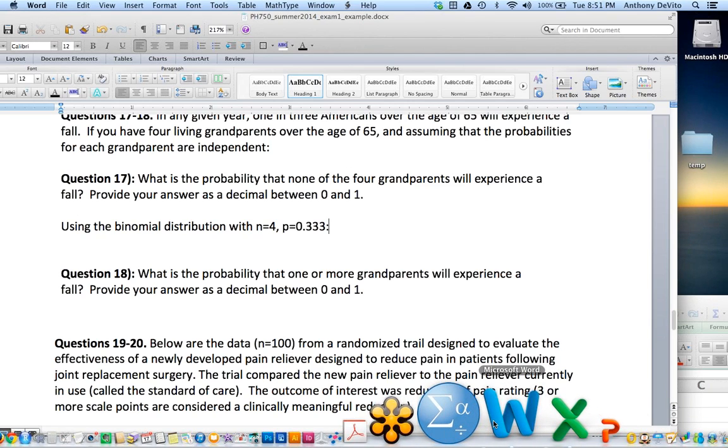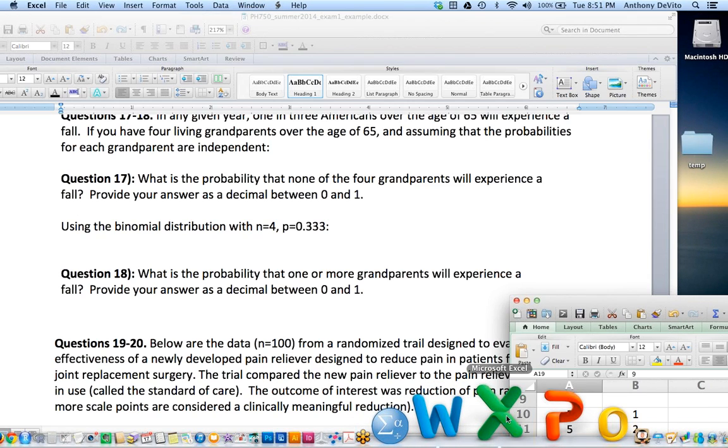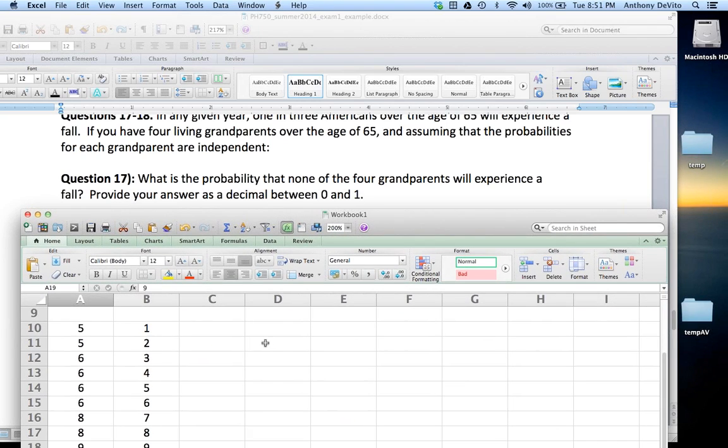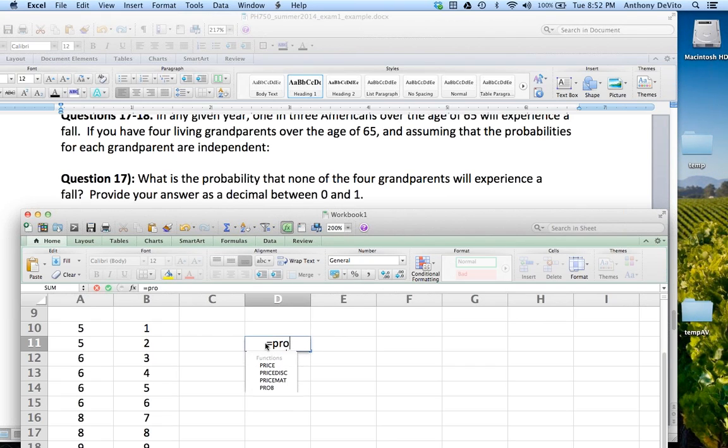Now I'm going to open up Excel. There is a table in the back of Agresti that you can use to do this. However, I personally think the table's nuts. I think it's hard to interpret that table. So I'm going to say probability, binomial, and parentheses, binom dist, equals binom dist.